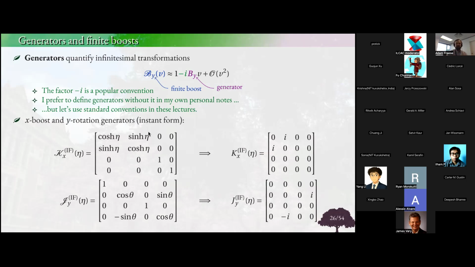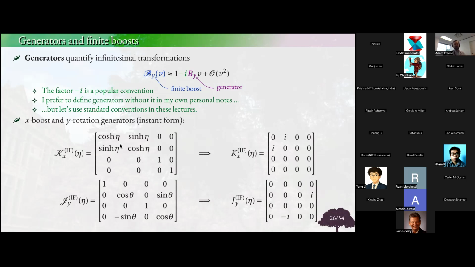For an active boost, it basically just takes this form. You have this diagonal coshes, off diagonal sinhs, and for the other axes, you just multiply by one. So you would expand this as an infinite series in eta and keep only the linear term. You would subtract off the one.